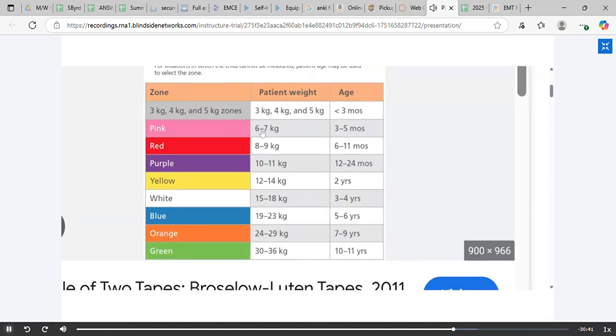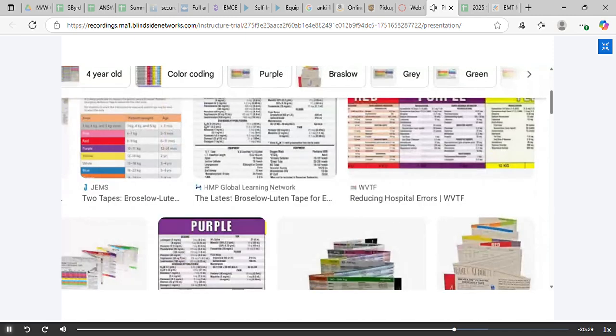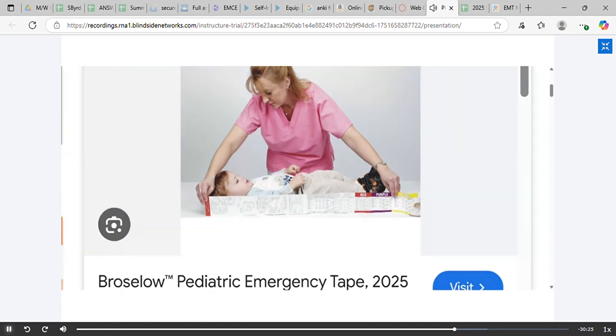So they help you with estimating your patient's weight and also with the normal vitals based upon that estimated weight. You just got to measure them. Lay them down flat, just like this. Red to head, red here. Foot ends right here. That's your approximate. So it's really very helpful.